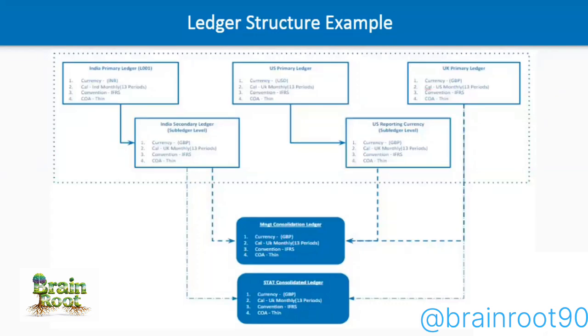So they do pass eliminations, and that is why they go with a statutory consolidation ledger. They will not do this in the management consolidation ledger, because they want to see how much UK is actually making, since there would be real cases where UK and India are both making money just by trading between themselves.